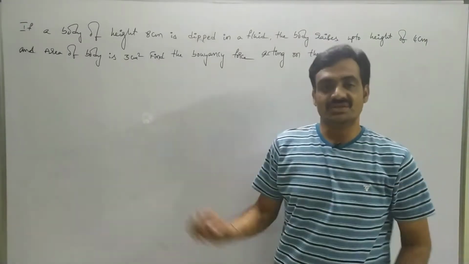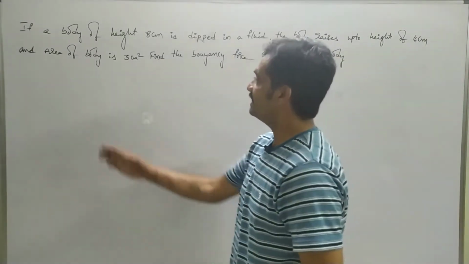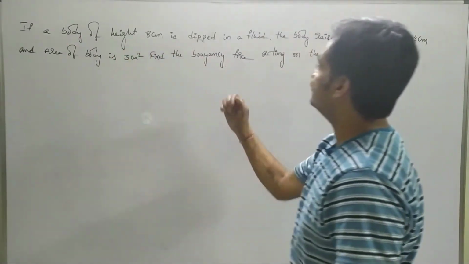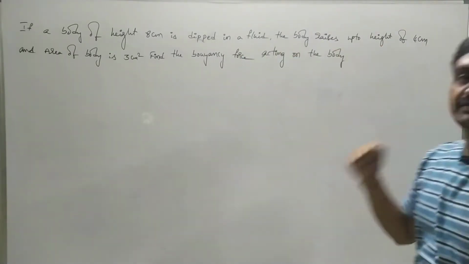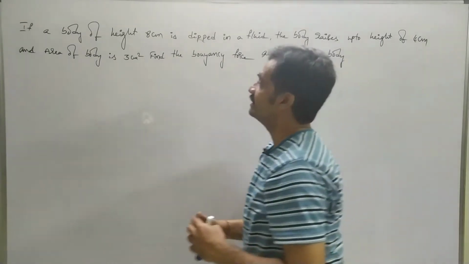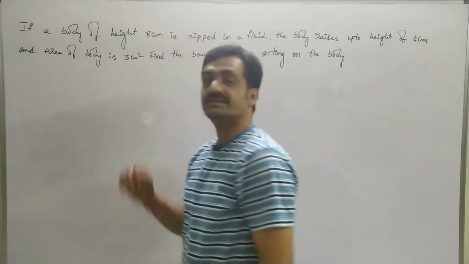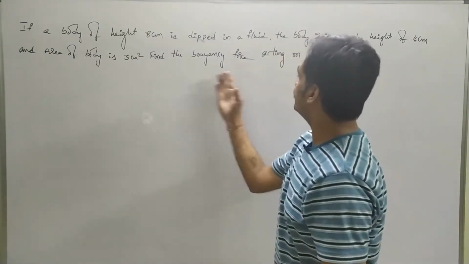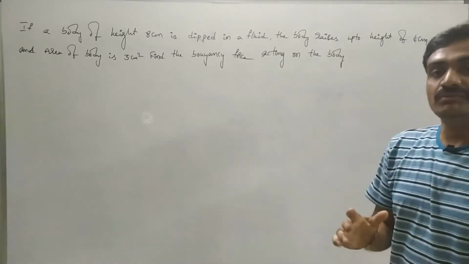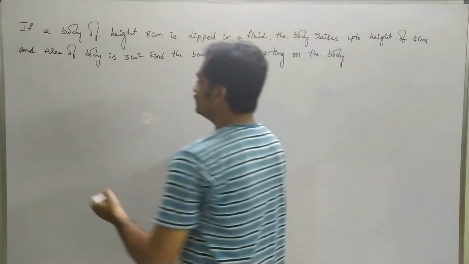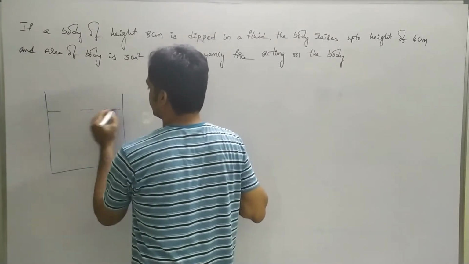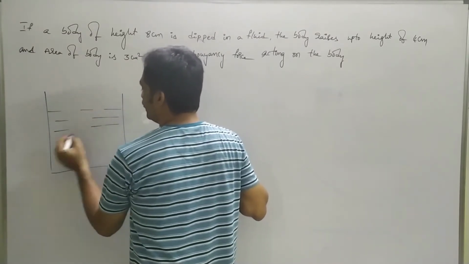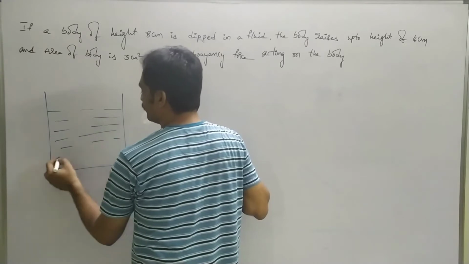Let's solve a problem based on this buoyancy force. Observe that a body of height 8 cm is dipped in a fluid, the body rises up to a height of 4 cm, and the area of the body is 3 cm square. Find the buoyancy force acting on the body due to the fluid. So here we are going to consider a body which is dipped in a fluid.